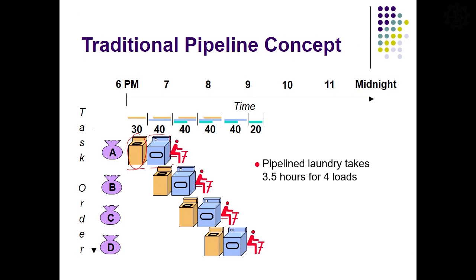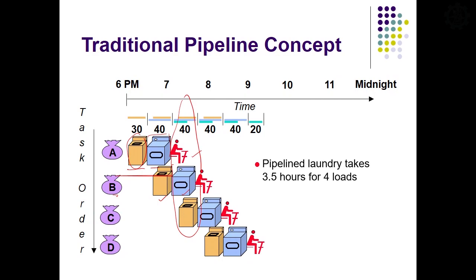Now the washer is free, so it can be used by the second person, B. The first person, when doing folding, uses the folding unit, the second person starts drying, and the third person can start washing. Then in this time unit all three units are running in parallel, which was not happening earlier. This is nothing but the pipeline.